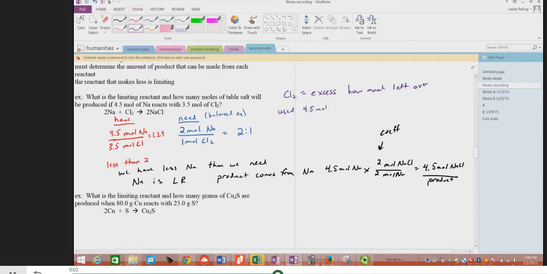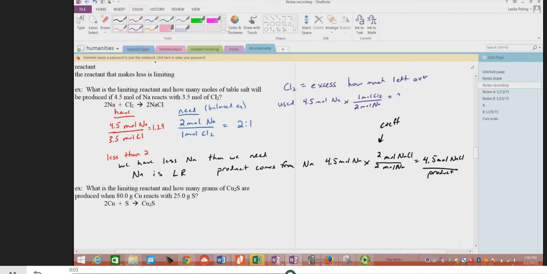Well, if we have 4.5 moles of sodium, and there's 2 moles of sodium for every 1 mole of chlorine, then we used 2.25 moles of chlorine. We had 3.5 minus what we used tells us how much we have left.